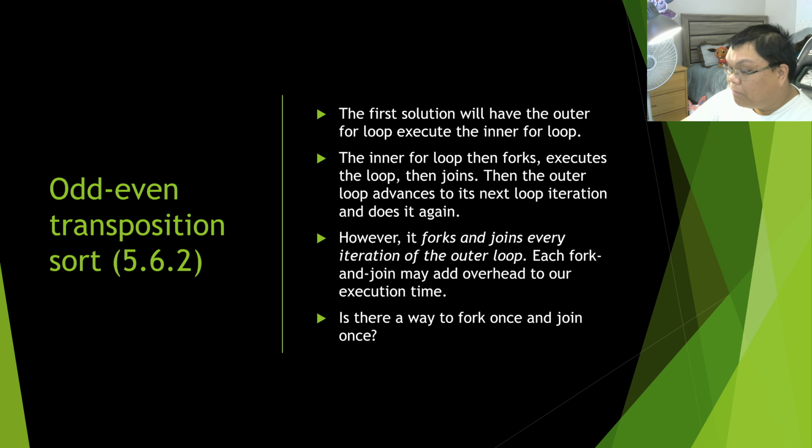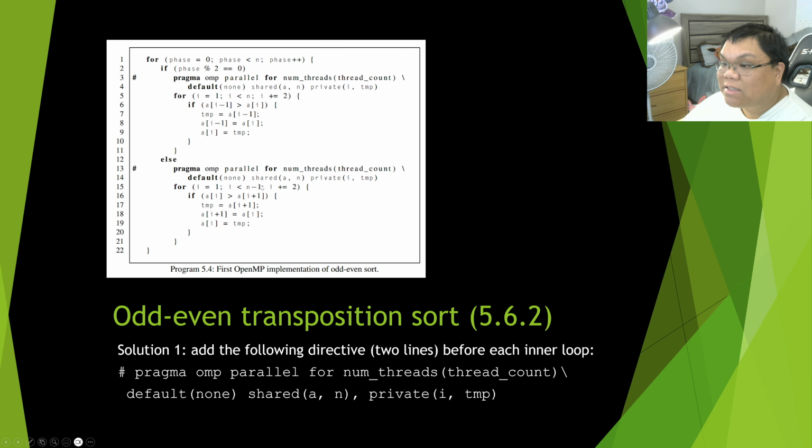So basically what's going on is this. It doesn't matter which phase we're doing because every phase has a fork and join. So we're doing the even phase. We do a fork, we execute some code, and then we do a join.